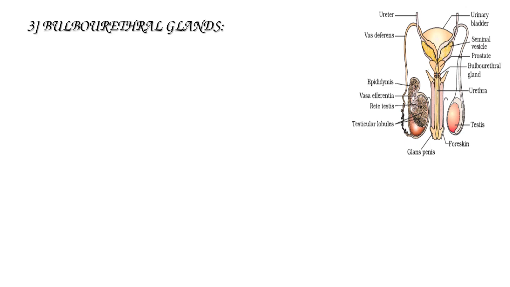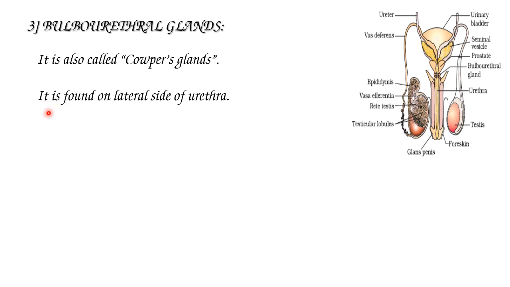Bulbourethral glands. Bulbourethral glands are also called Cowper's glands, and these glands are found on the lateral side of the urethra. Let's observe the diagram. The urethra or ejaculatory duct passes through the penis, and at one end it attaches to the vas deferens.